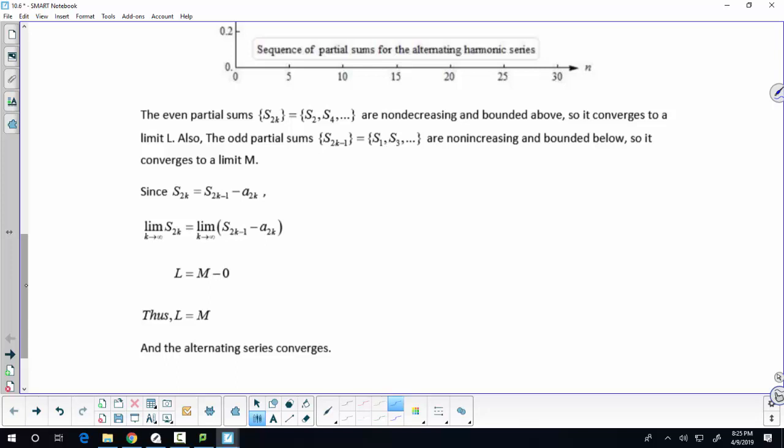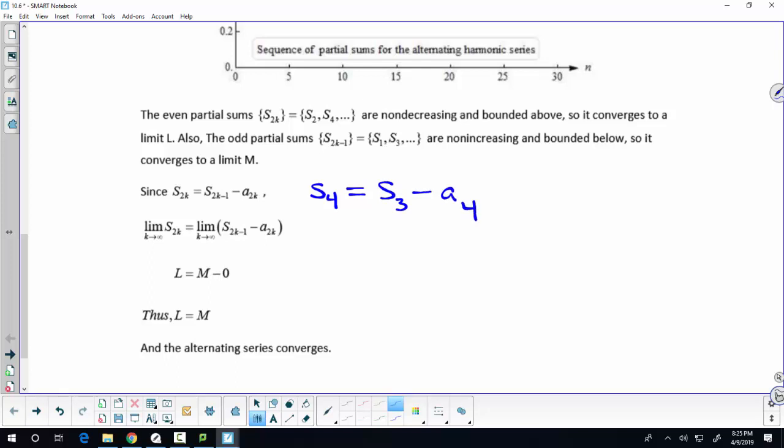We're going to assume that the even partial sums converge to L and the odd partial sums converge to M. You can verify this relationship if you want: the even partial sum is the odd partial sum minus the even term that we've stopped at. A specific example: S sub 4 equals S sub 3 minus A sub 4.